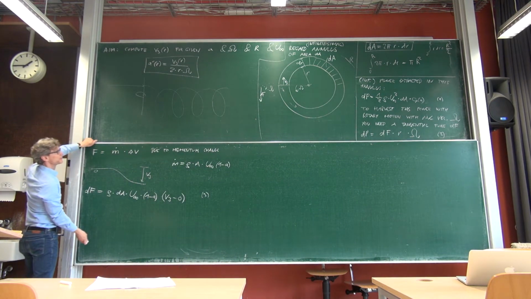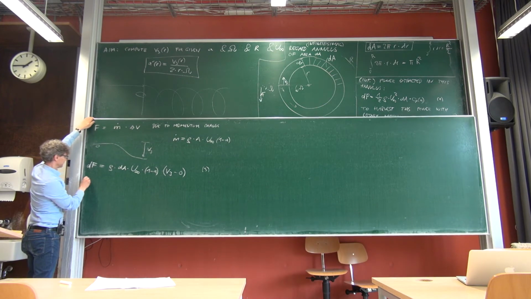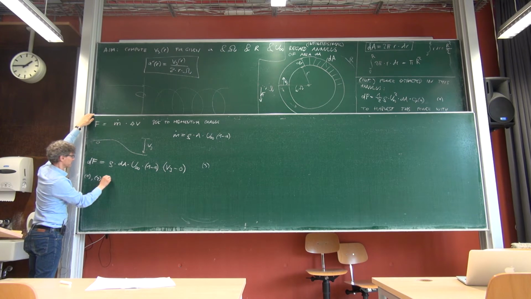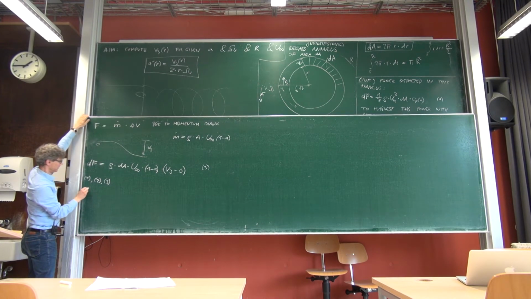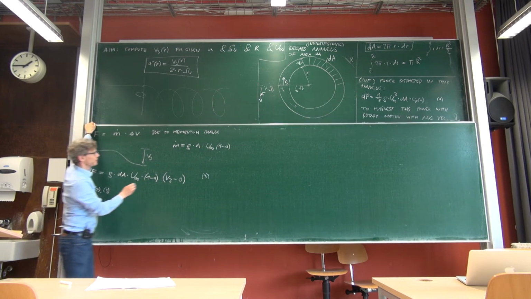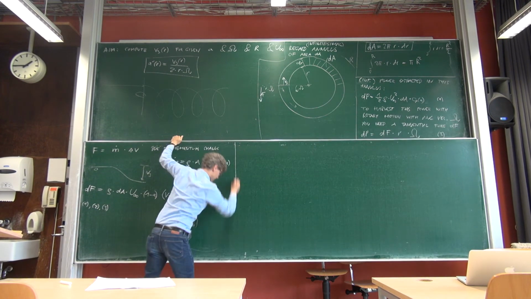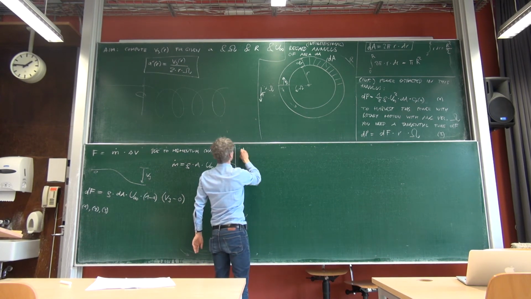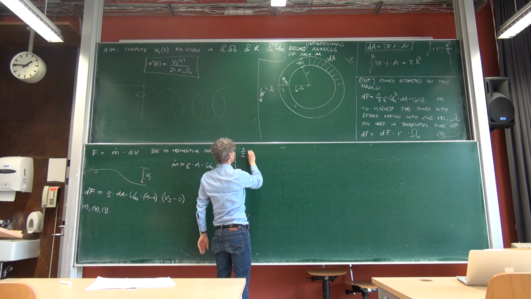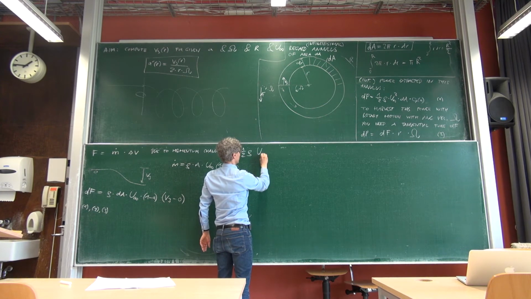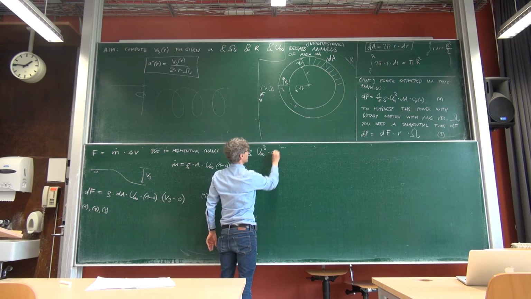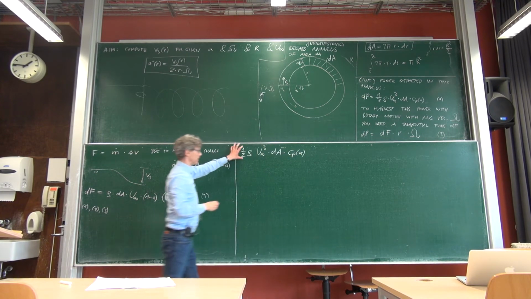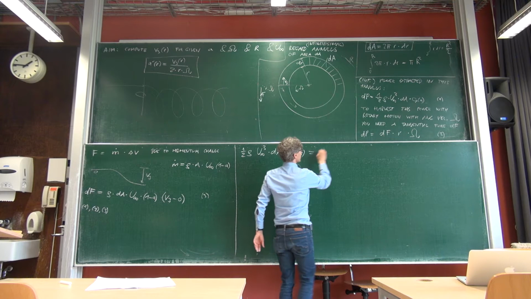1, 2, and 3 together. Maybe I do it here, then I don't need to move the blackboard up and down. So I put this one expression to the left side, so I will cancel a lot of terms later. Rho times u infinity to the power of 3 times dA times CPA. Right, that's the power, and that power should be equal to the power that I have here.